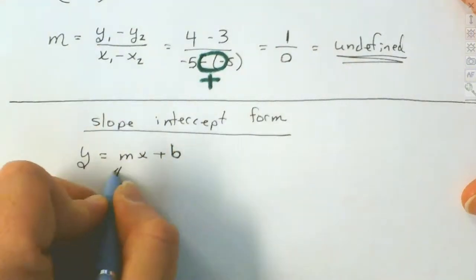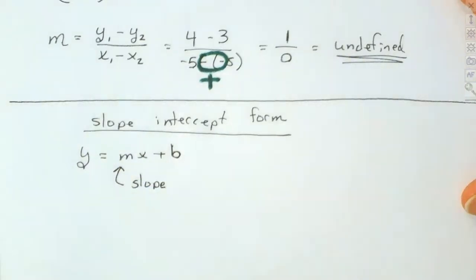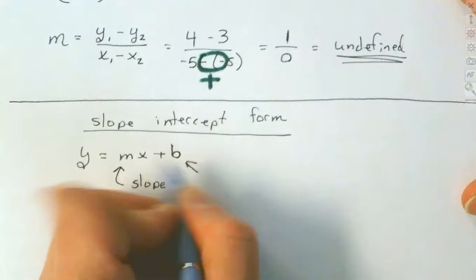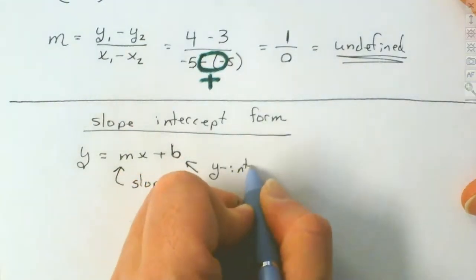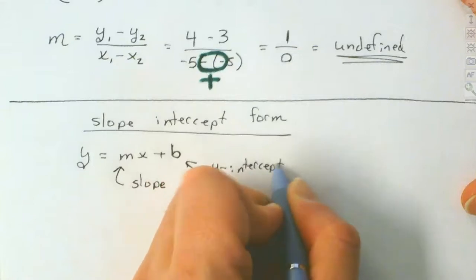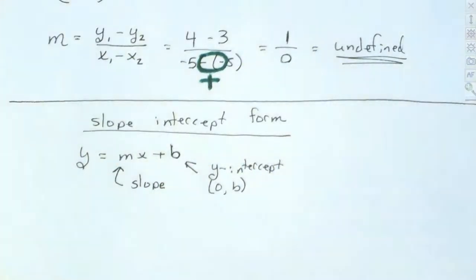And this m, whatever number's in front of your x, is the slope. And the b, that is your y-intercept, and that would be 0, comma b. So that is what's called your slope-intercept form.